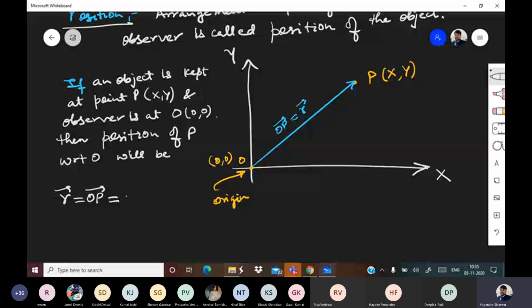Hence the distance of point P with respect to O, that is OP, is equal to R, which is equal to the square root of x square plus y square.